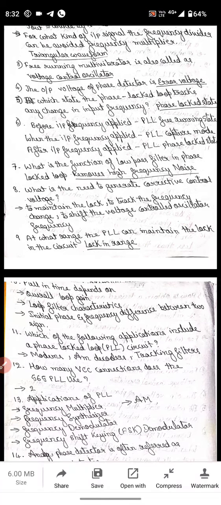Pull in time depends on the overall loop gain, loop filter characteristics, and the initial phase and frequency difference between the two signals.